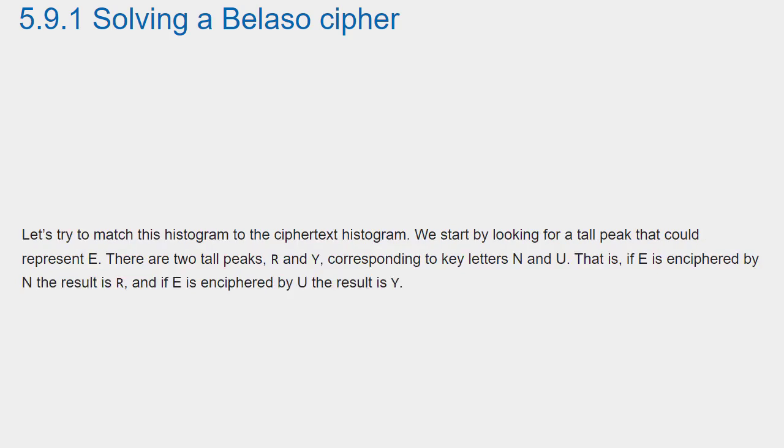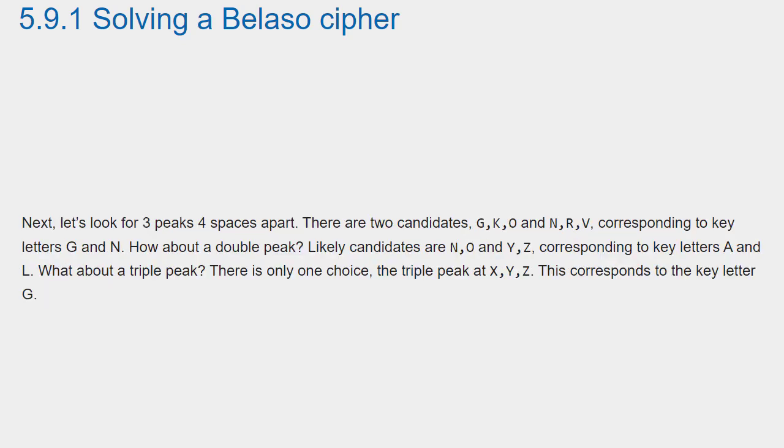Let's try to match this histogram to the ciphertext histogram. We start by looking for a tall peak that could represent E. There are 2 tall peaks, R and Y, corresponding to key letters N and U. That is, if E is enciphered by N, the result is R, and if E is enciphered by U, the result is Y. Next, let's look for 3 peaks 4 spaces apart.